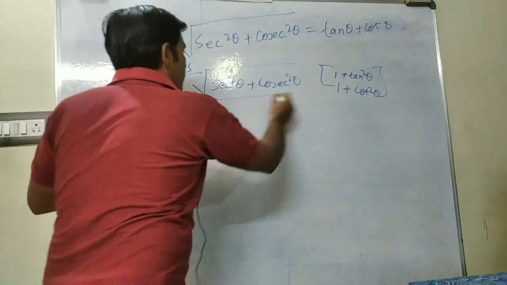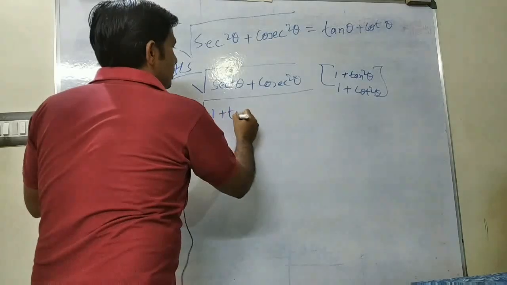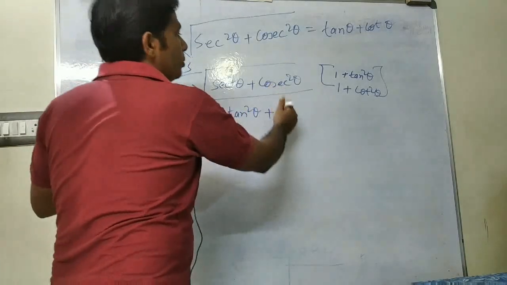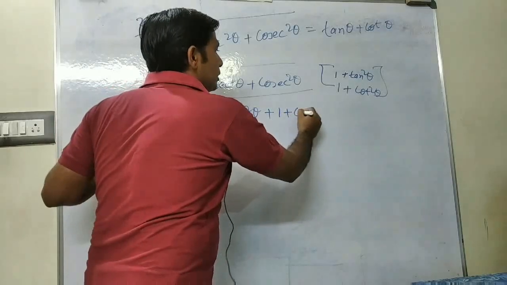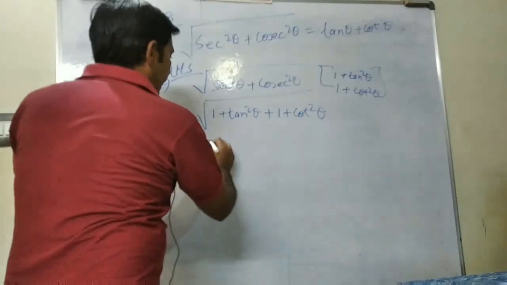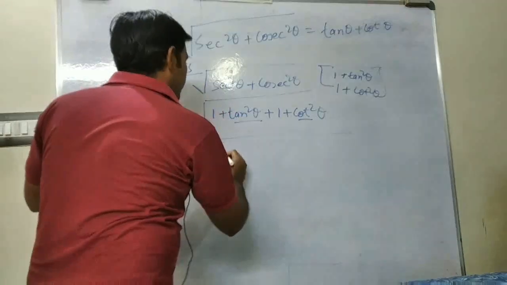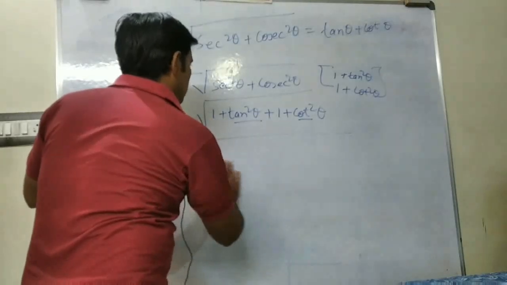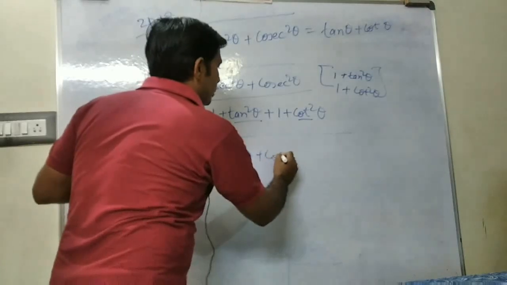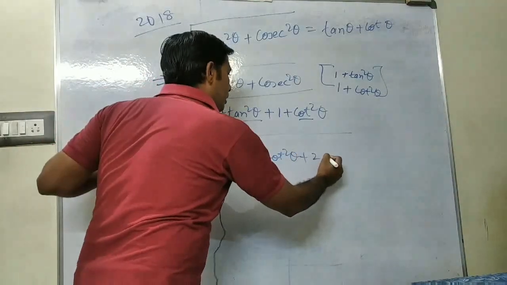Sec square theta means 1 plus tan square theta, and cosec square theta is 1 plus cot square theta. Again we will write tan square theta plus cot square theta plus 1 plus 1, which is equal to 2.